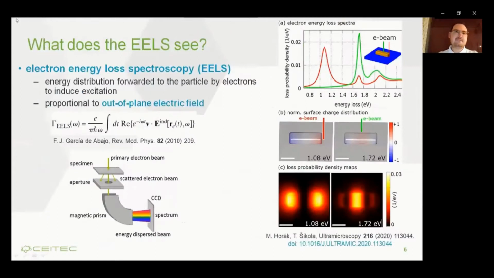So the key technique for this talk is electron energy loss spectroscopy, which measures the energy transferred to the particle by the electrons to induce some excitation. And this excitation can be, for example, the localized surface plasmon resonance. The signal in this case is proportional to the out-of-plane electric field.